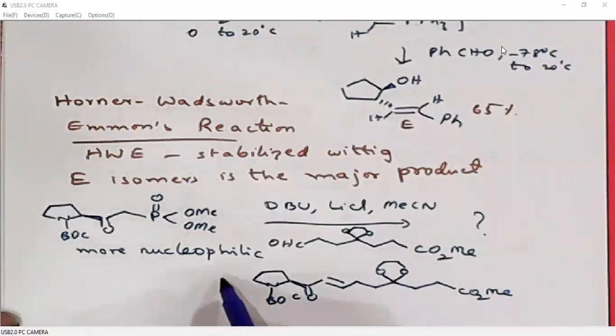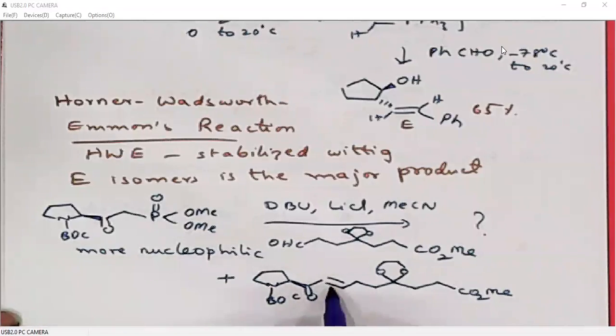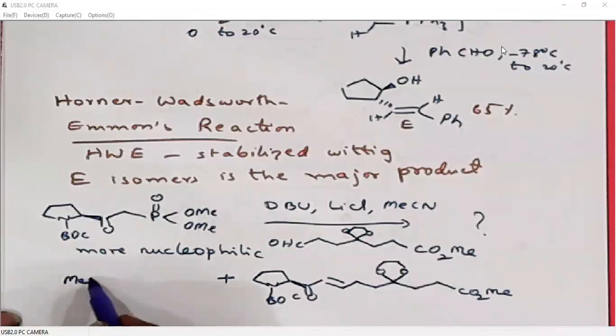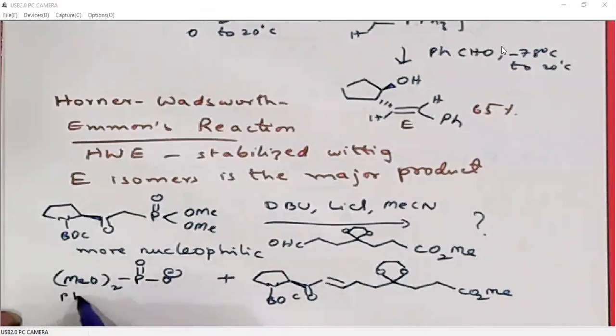What is the importance of the HWE reaction? When we do a Wittig, the byproduct is phosphine oxide. In HWE, it is called phosphonate.